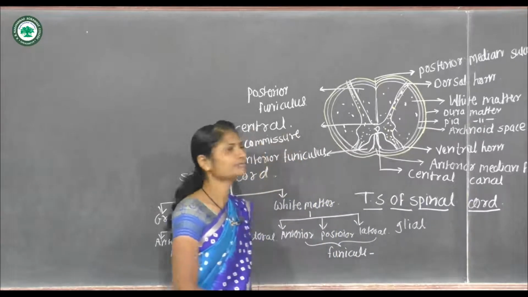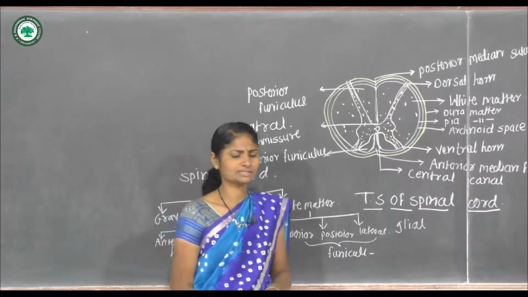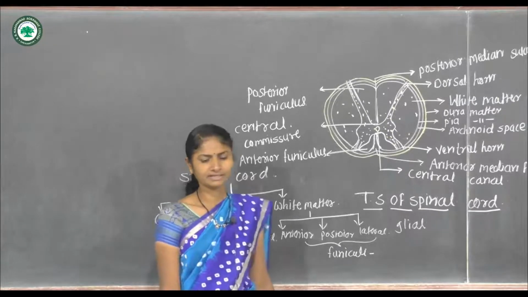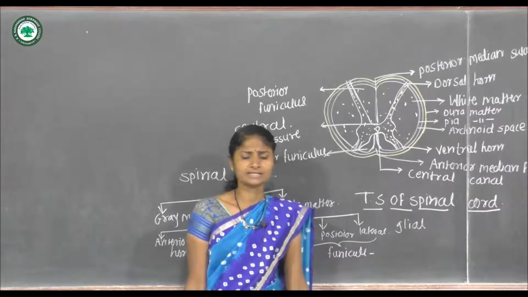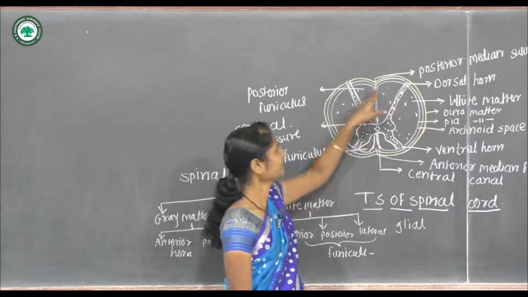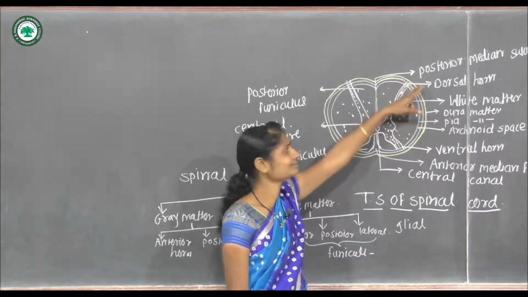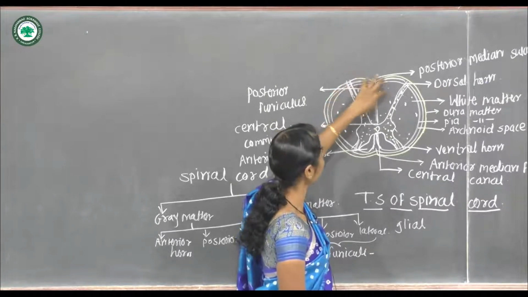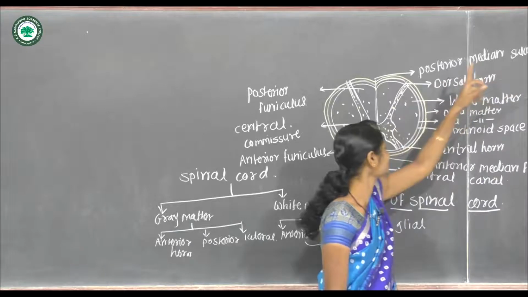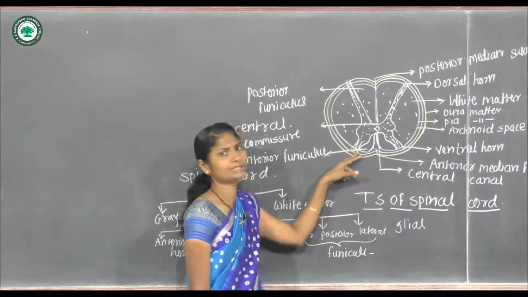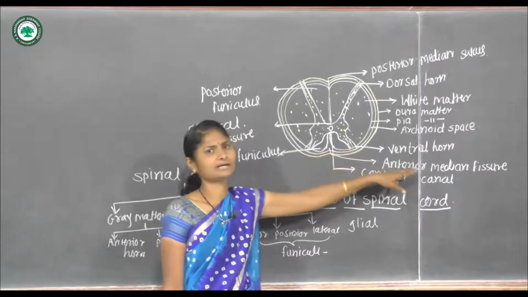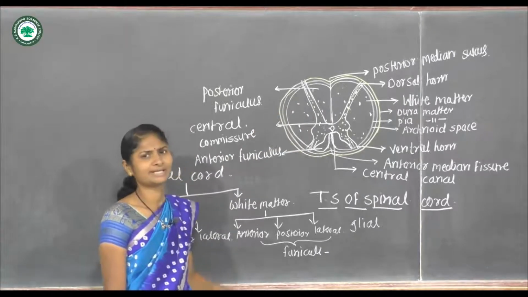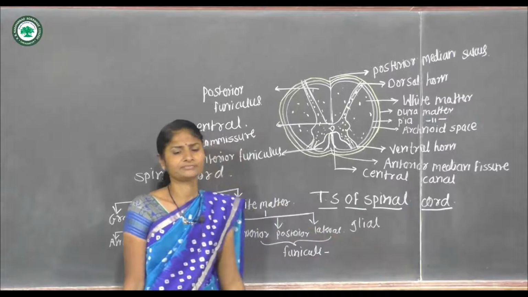The posterior funiculi are separated by the posterior median sulcus, and the anterior funiculi are separated by the anterior median fissure.